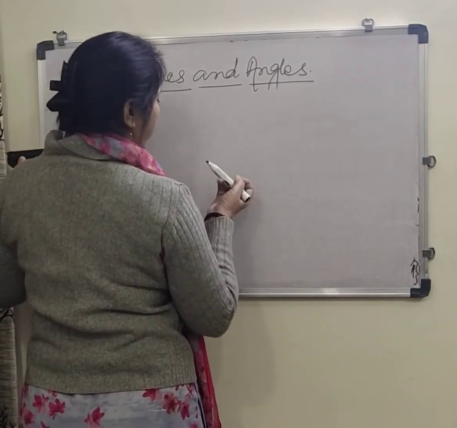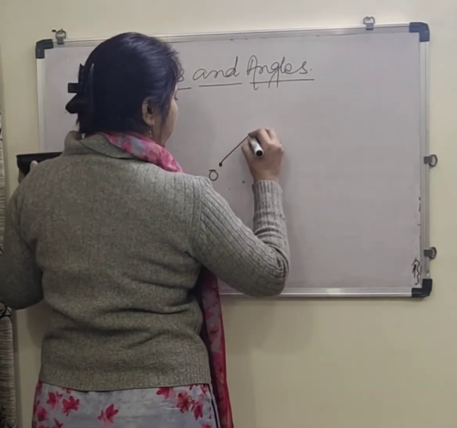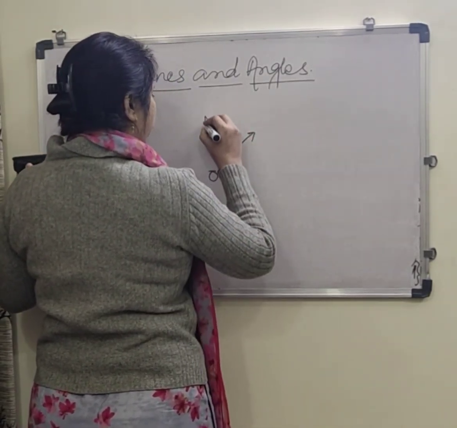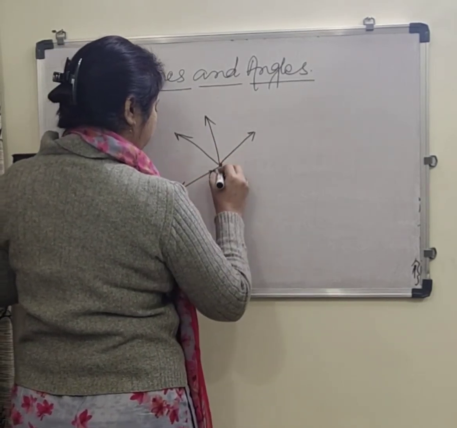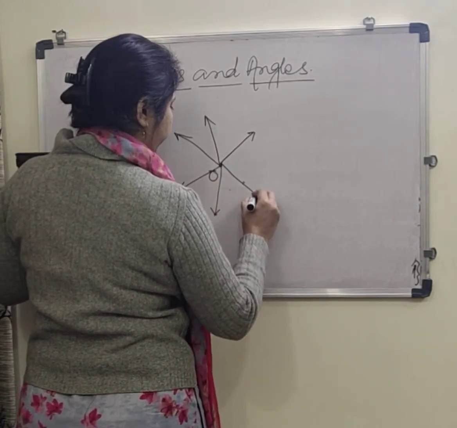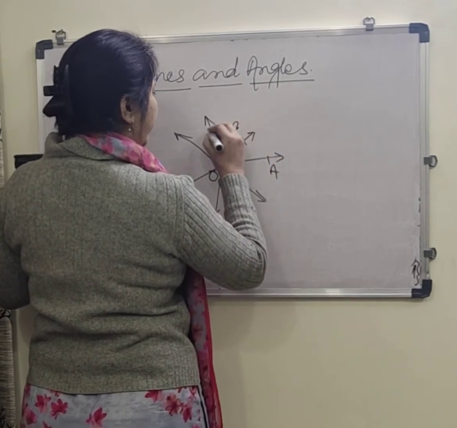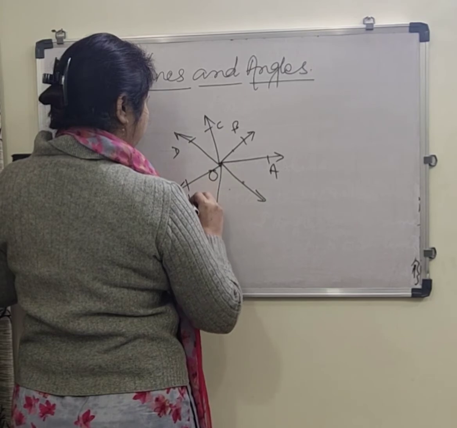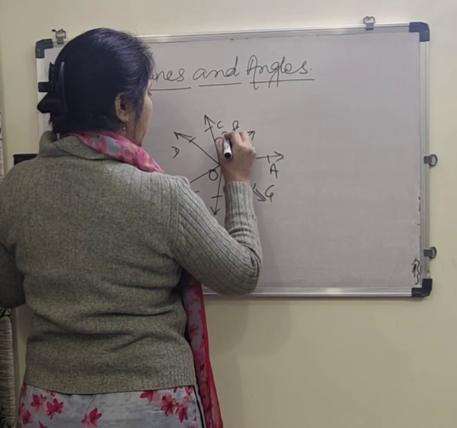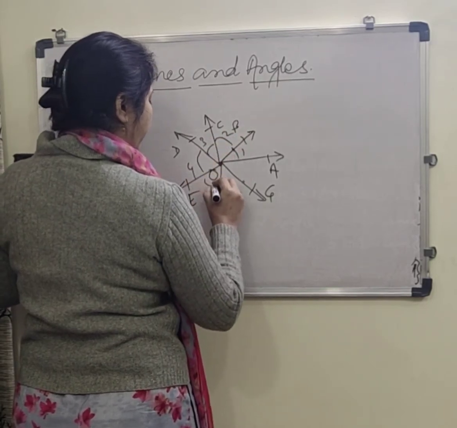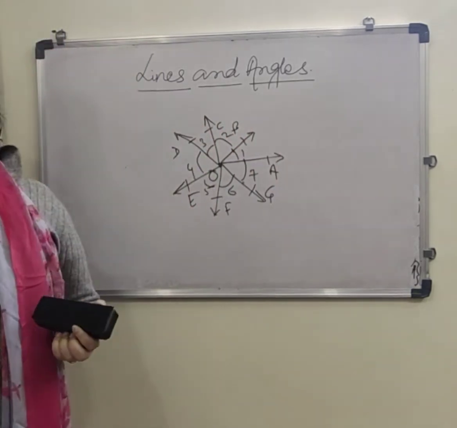See children, here it is a point, point O. You draw rays in different directions to get angles, as many as you can, like A, B, C, D, E, F, G. Angles 1, 2, 3, 4, 5, 6, 7. We have obtained 7 angles in this case.